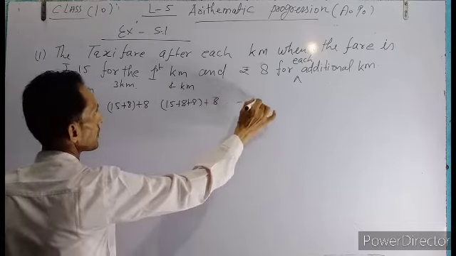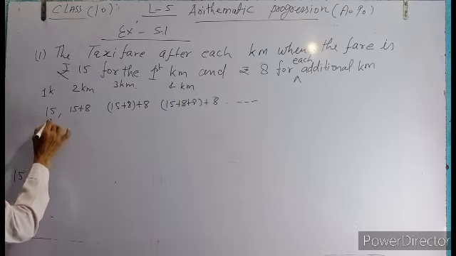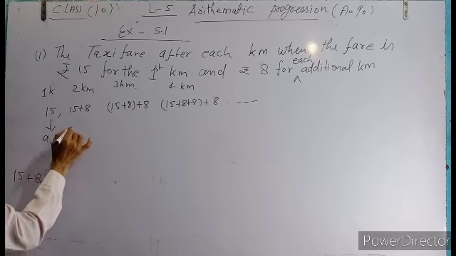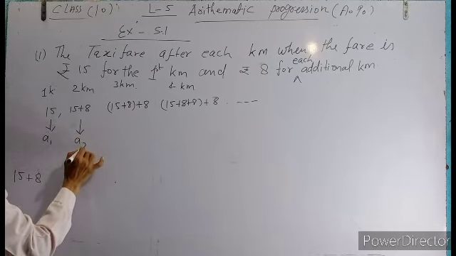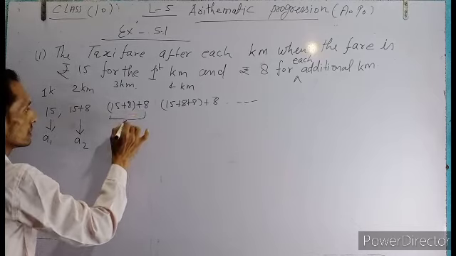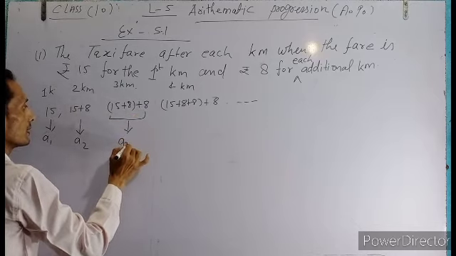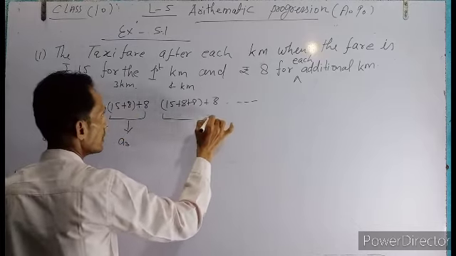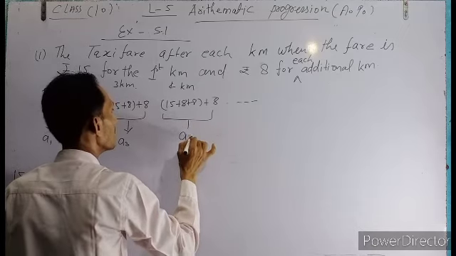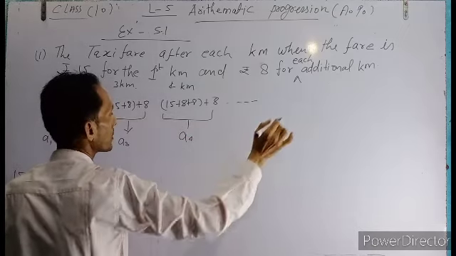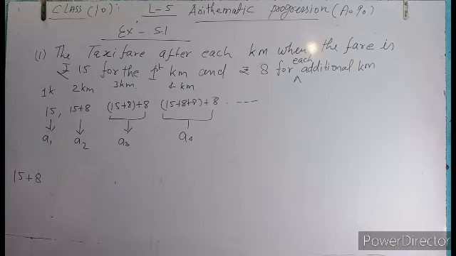In the sequence we can find this. That is called the first term, A1, the second term, A2, the third term, A3, and the fourth term, A4, and similarly we can go forward. A1 is 15.